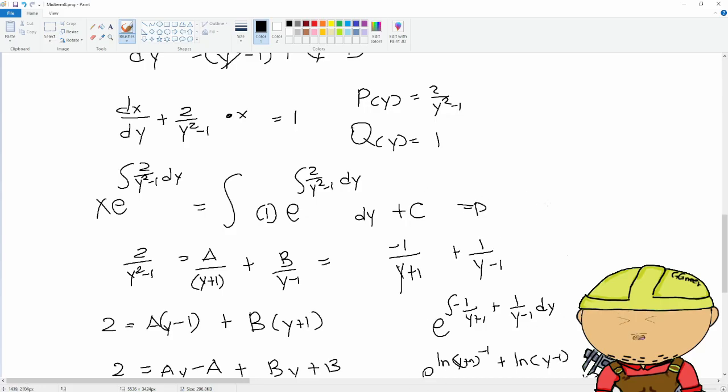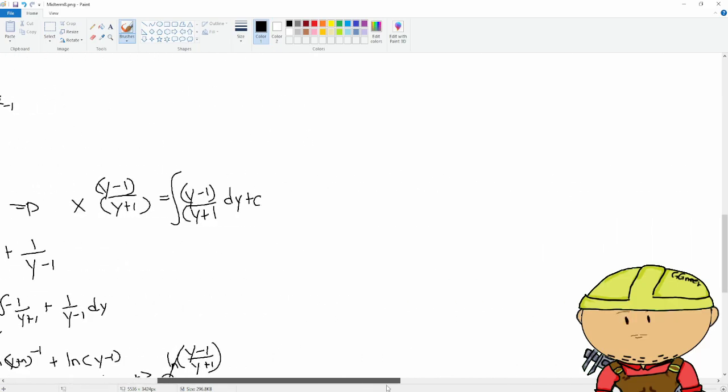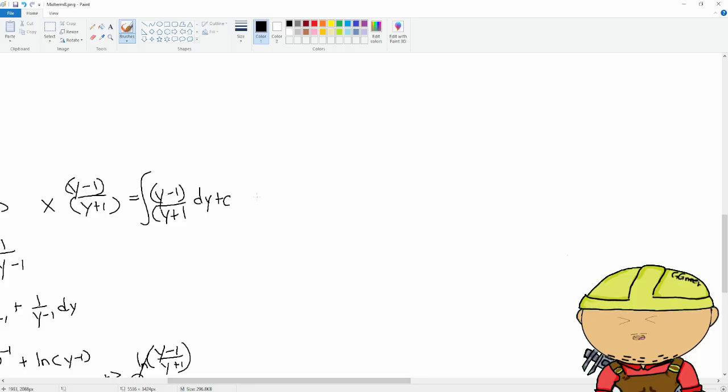Further substituting, x times (y minus 1) divided by (y plus 1) is equal to the integral of (y minus 1) over (y plus 1) dy plus c, right? This one, right? Is there a direct substitution for that? Probably. Let's use, I'm gonna write this.